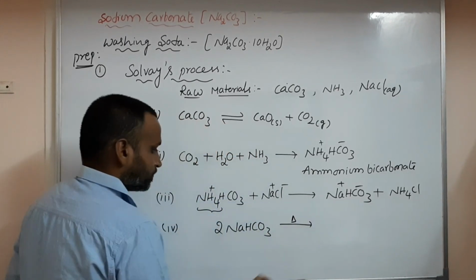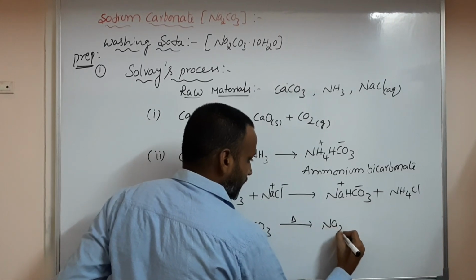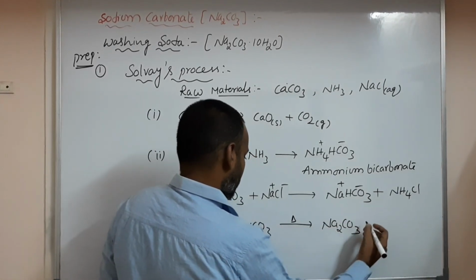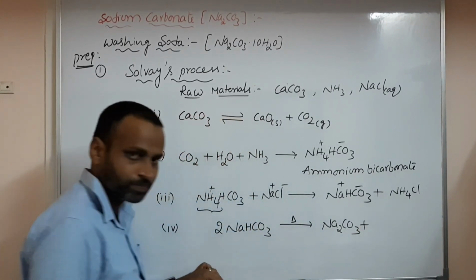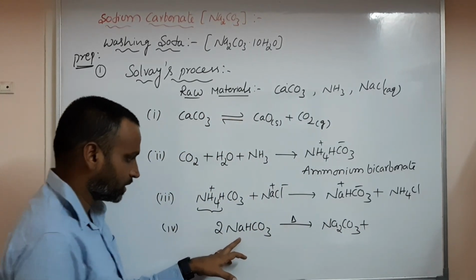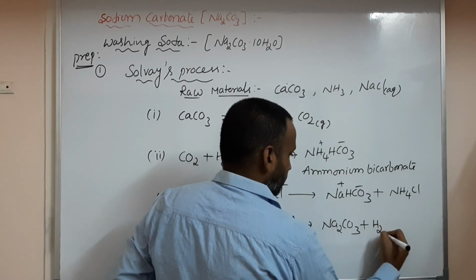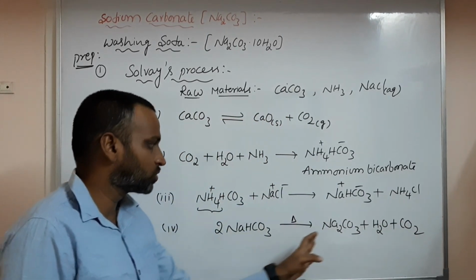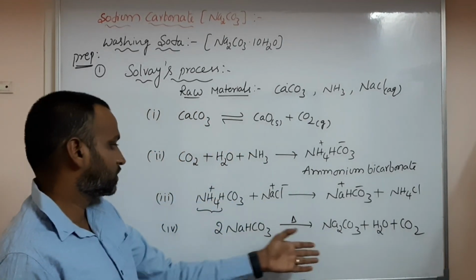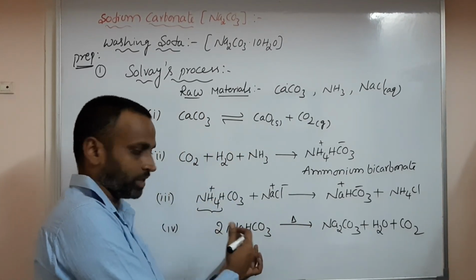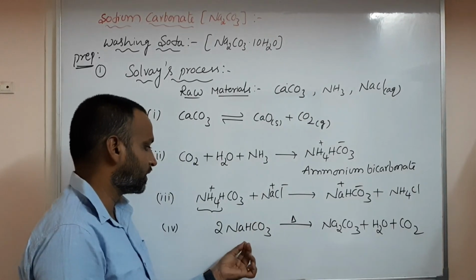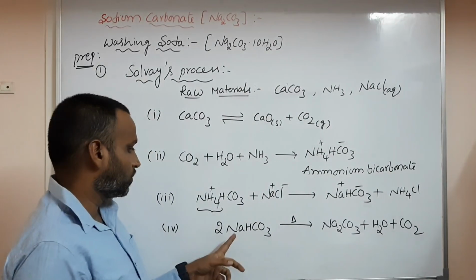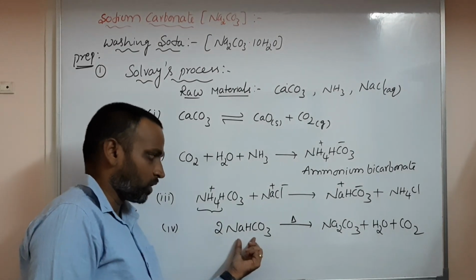On heating and dissociation, you will get Na2CO3 plus H2O plus CO2. Actually it can be a reversible reaction; the reverse reaction also takes place but under different conditions. This is the sodium bicarbonate preparation. Our next one is baking soda. Baking soda is sodium bicarbonate.